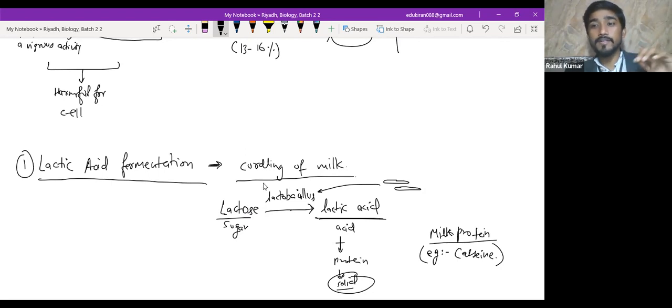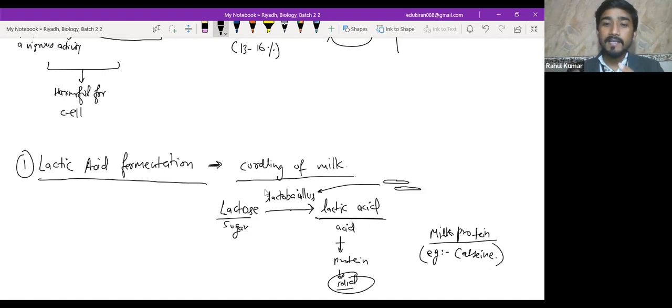So it should not be touched, because what's happening is lactobacillus first is feeding on this lactose and multiplying in number, and simultaneously converting this sugar into lactic acid through lactic acid fermentation, correct? So over time, after 6, 7, 8 hours, lots and lots of bacteria will be there, and lots of lactic acid will be there.